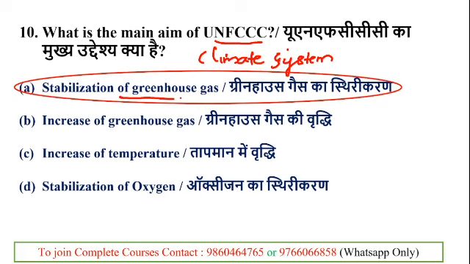You can note some of the greenhouse gases, one or two important ones: methane, carbon dioxide, carbon monoxide, etc. So these gases need to be stabilized in the atmosphere to keep our temperature stable, because if it crosses the limit, it may create hazardous environmental problems, so it will be stabilized to avoid those problems.